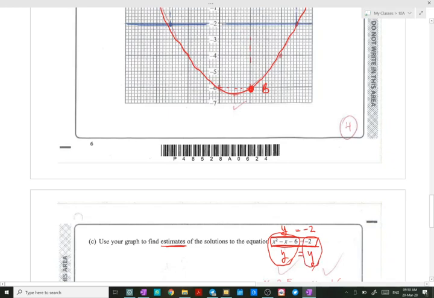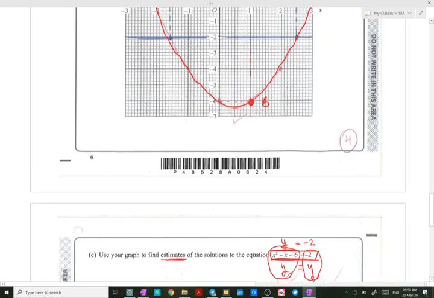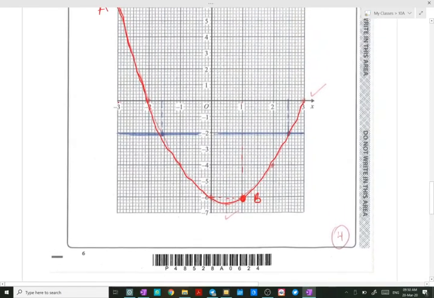You have to draw this line whose equation is y equals minus 2. So the line y equals minus 2 is a line which is parallel to the x-axis and has the y-intercept as minus 2. So this is your line.